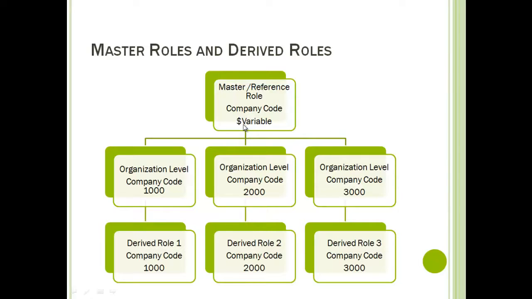The idea behind master role and derived role is that you create one role called a master role or template role, then you roll it out to different derived roles with the same authorization objects but with different organization levels.